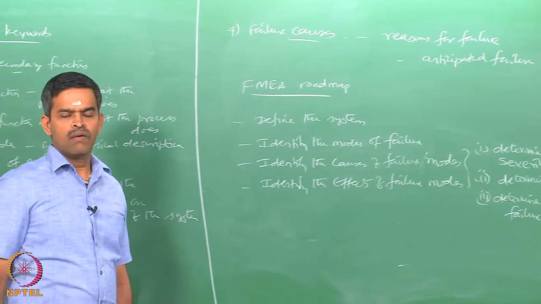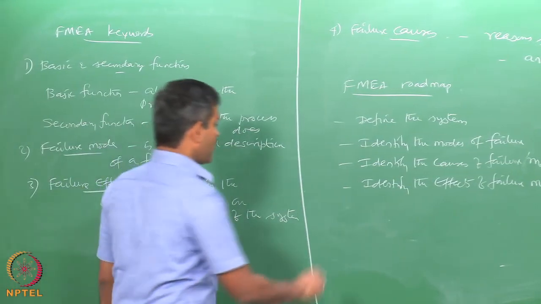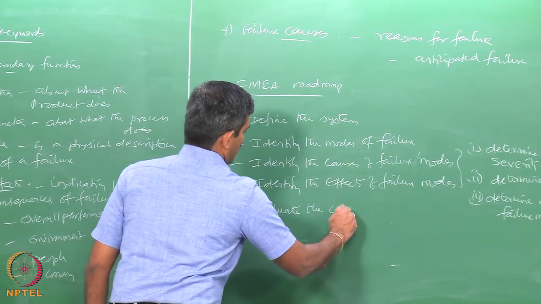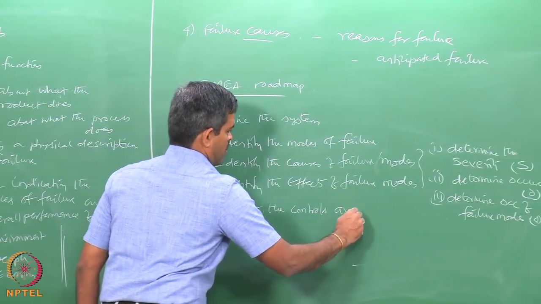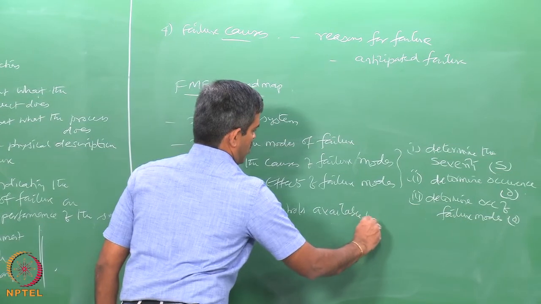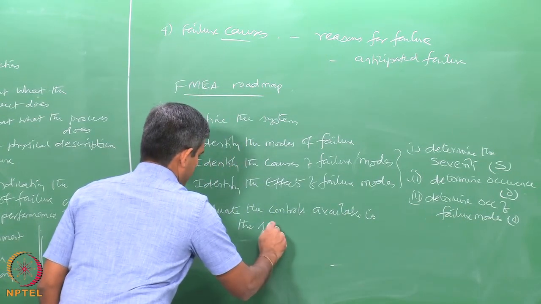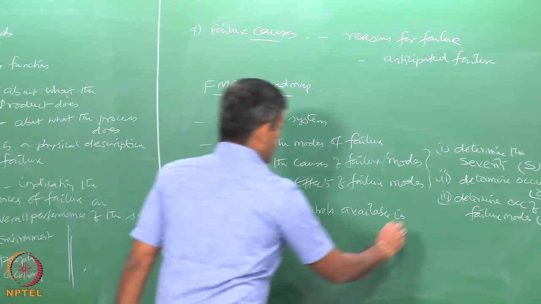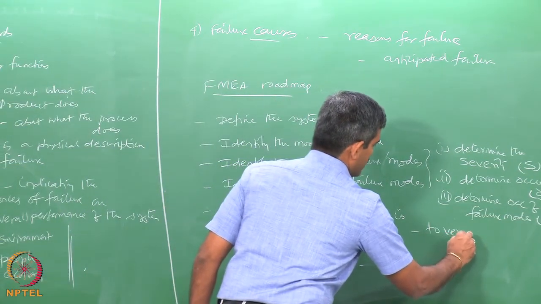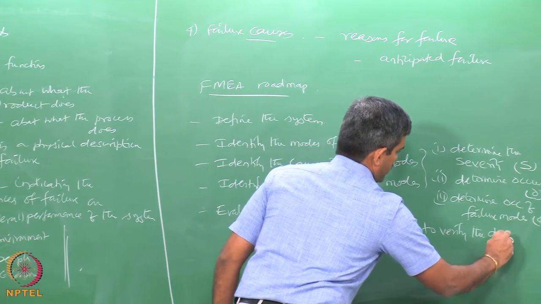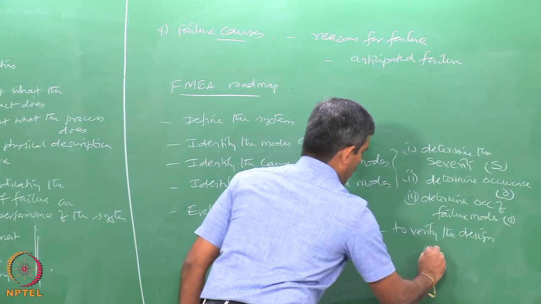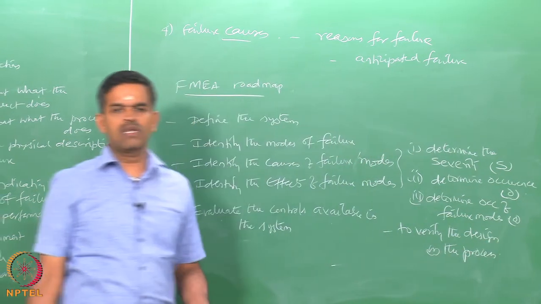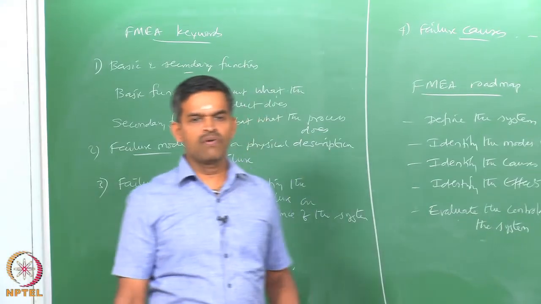Once we did this, we evaluate the current controls available, this is useful to verify the design or the process, whatever may be the type of FMEA you are using, design FMEA or process FMEA.